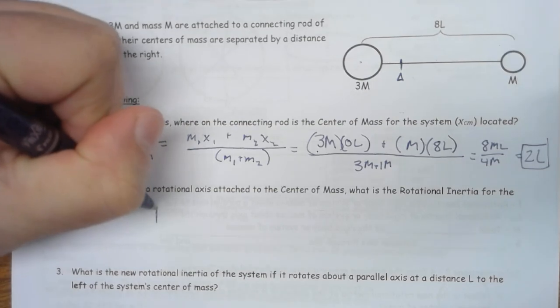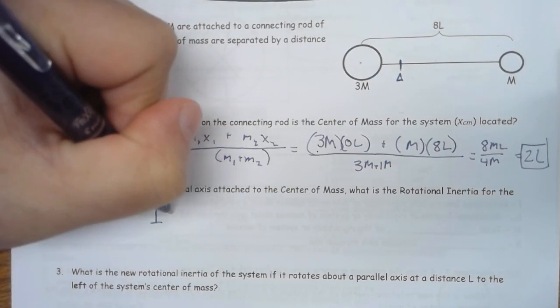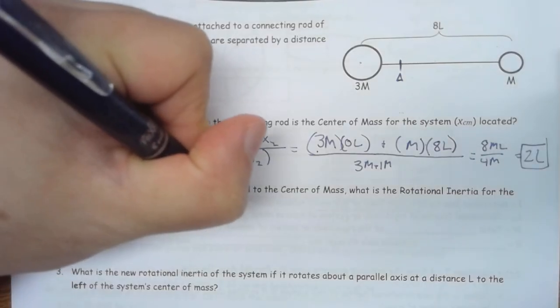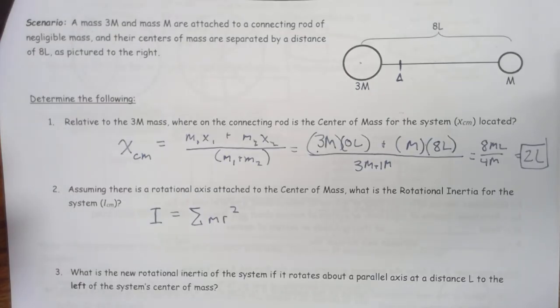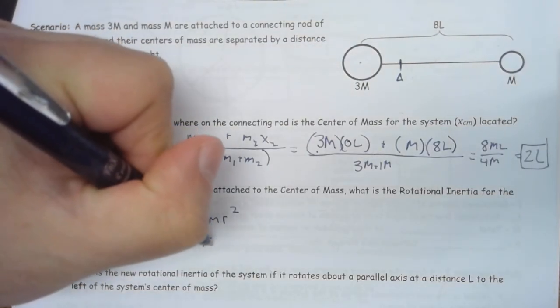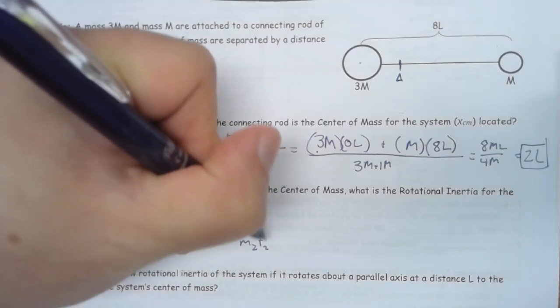And so inertia, we're talking about point masses. For any case, it would be the sum of mr squareds. And because there's 2 points, we can just say m1r1 squared plus m2r2 squared.